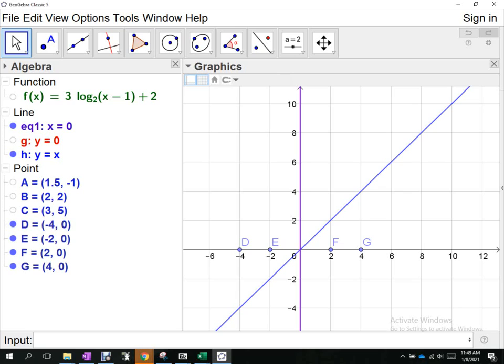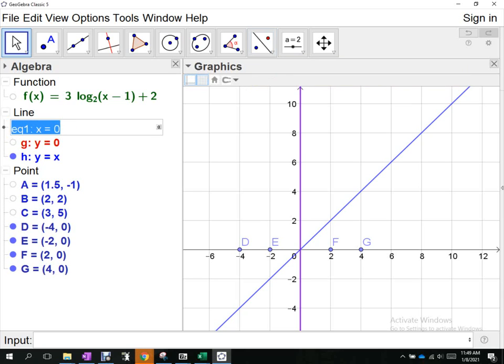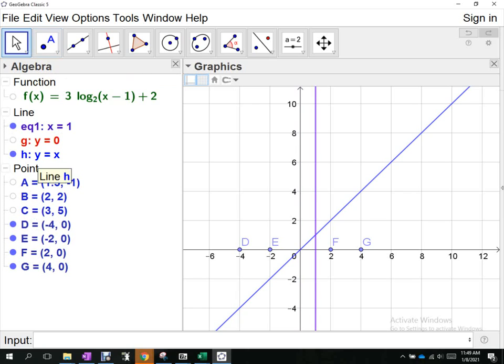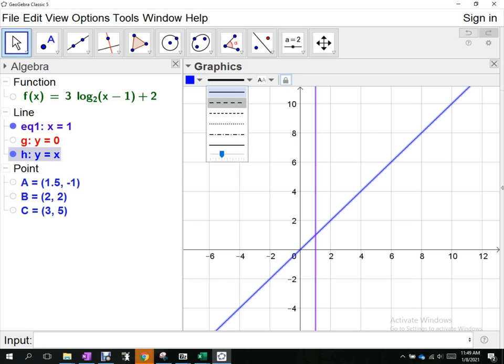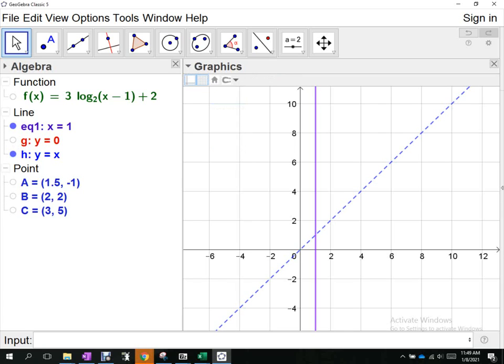So where is this asymptote? Where should it really go? Instead of x equals 0, it should be x equals 1, because then the whole graph gets shifted to the right 1 unit, because of that x minus 1. All right, so the line y equals x is here, and we'll have that there to kind of convince us that we've done things correctly here in a moment.